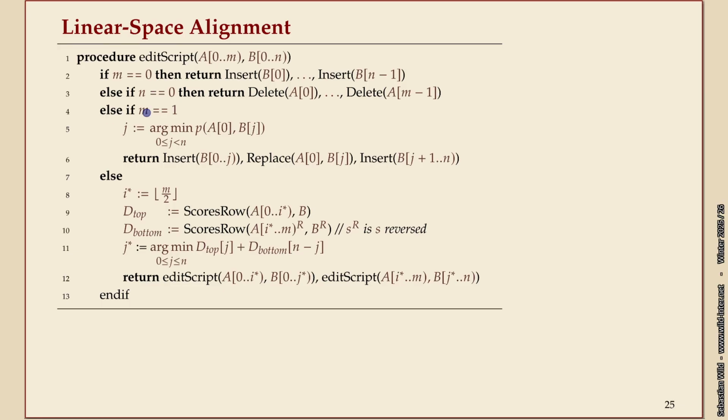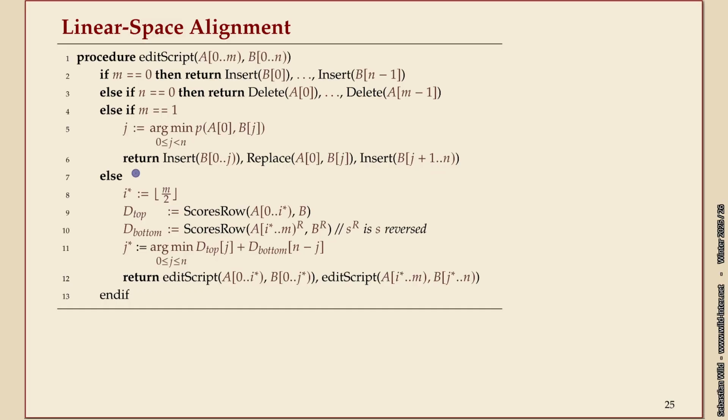If the first string has a single letter, then it's already non-trivial. I have to find the best place to align that character with. So I'm finding the position in B that best matches A according to my alignment score. For edit distance, it would just check if there's an occurrence of the same letter. And then the edit script is getting rid of the first part of B, then replacing from A to the letter we found, and then inserting the rest of B.